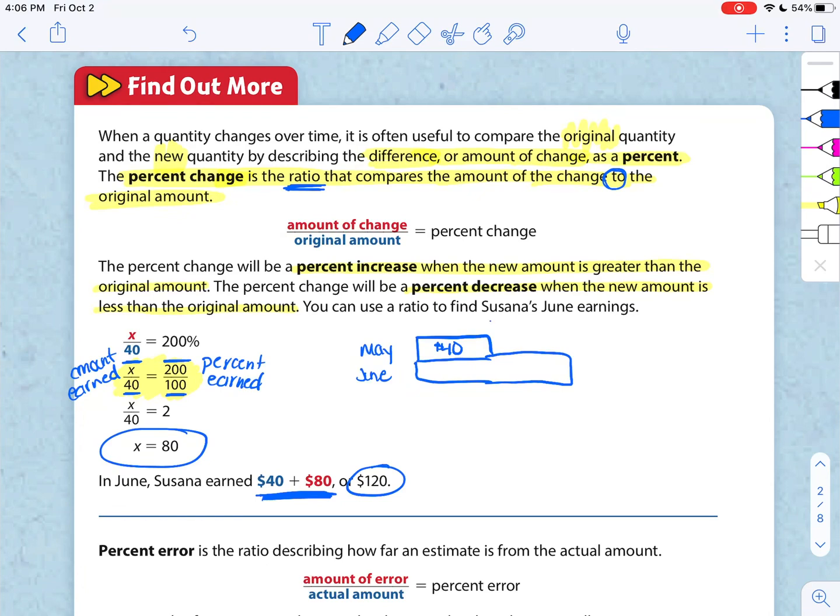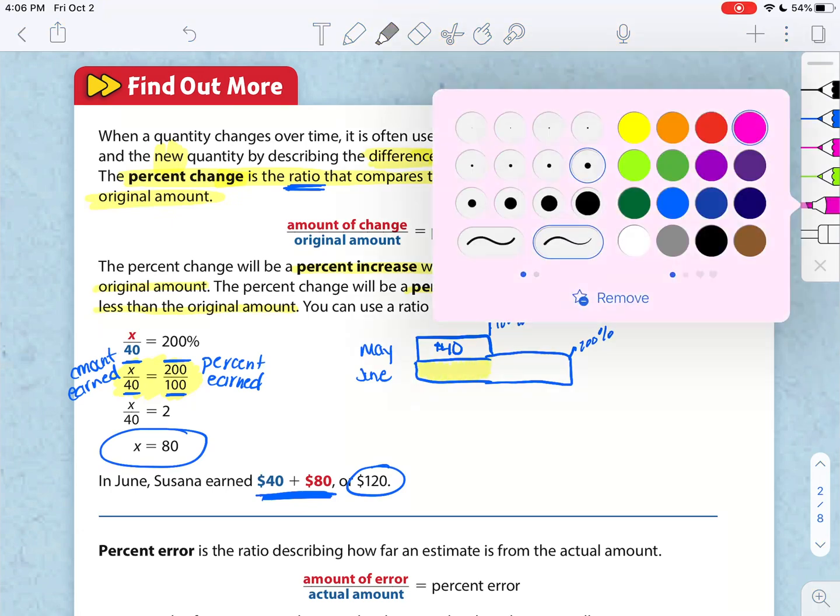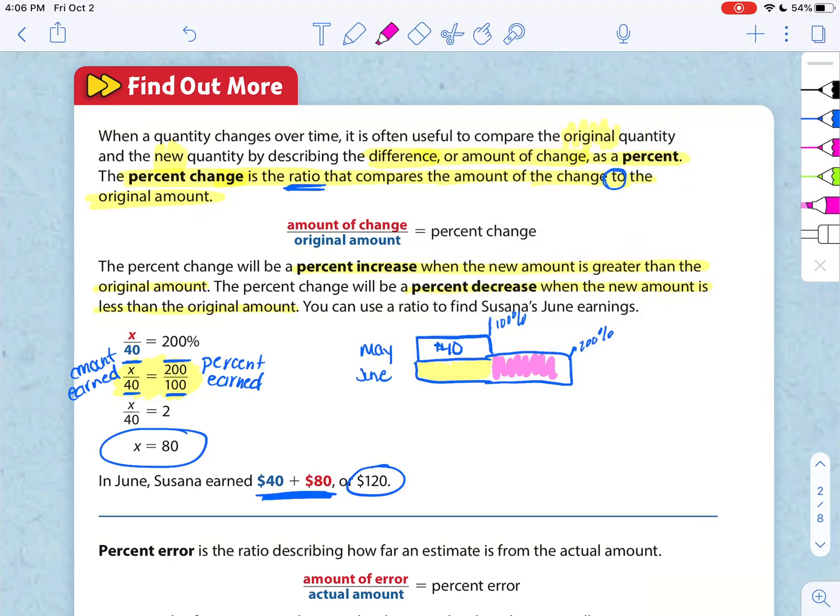So you can see here we're at 100%, and then here we're at 200%. So this first section is $40, and then the second section is another $40. So 40 plus 40 is that 80. But then again, remember, you have to add that back to the original to get the 120.